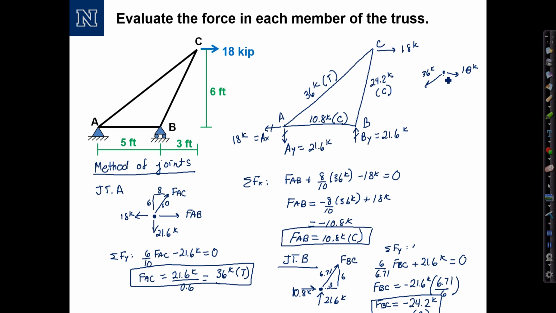But then to balance that force in the y direction, we get a compressive force of 24.2 kips in member BC. And just by quick inspection, equilibrium of that joint seems also to be satisfied. So it seems that the answer looks good.